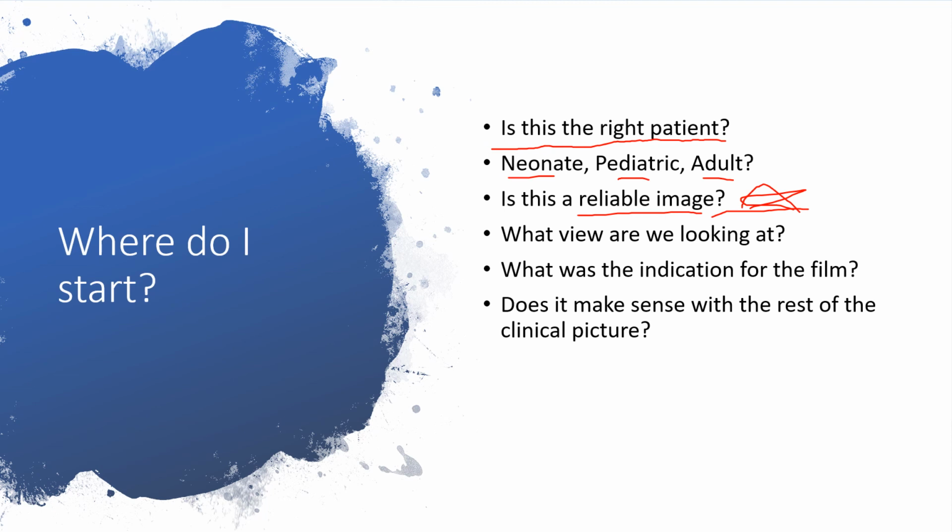That's more diagnostically valuable because the heart and lungs aren't going to be as modified by the technique. It's usually done from about 6 feet away, versus 4 feet away with a portable chest X-ray.